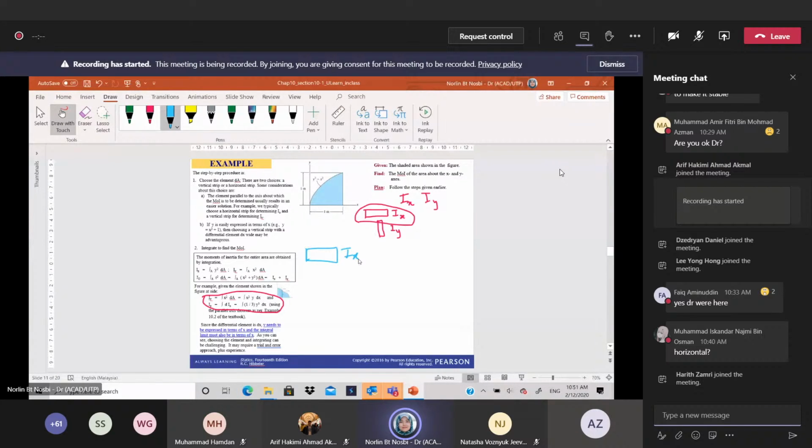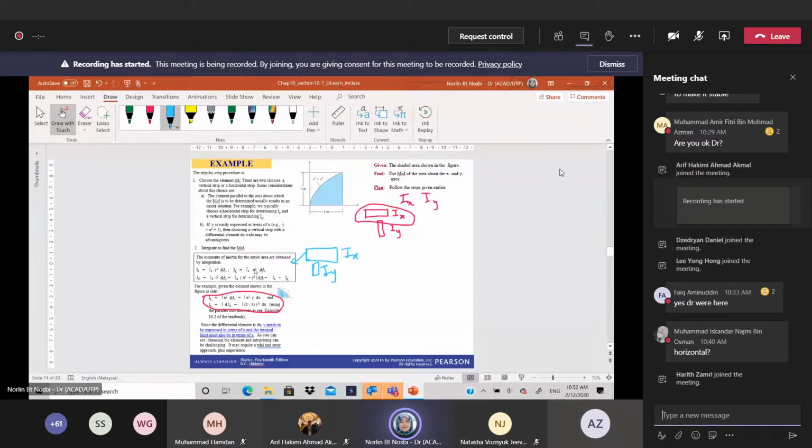This one, the one I taught you, the first solution. Horizontal must be used to find the ix, and then the vertical for iy. For this first step, the equation is on top here. Ix is equal to integration of y squared dA, and then iy is equal to integration of x squared dA. This one is just for this equation.